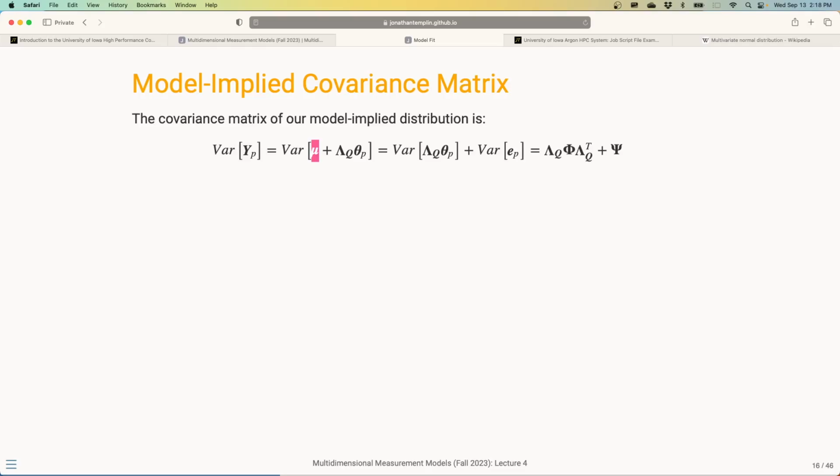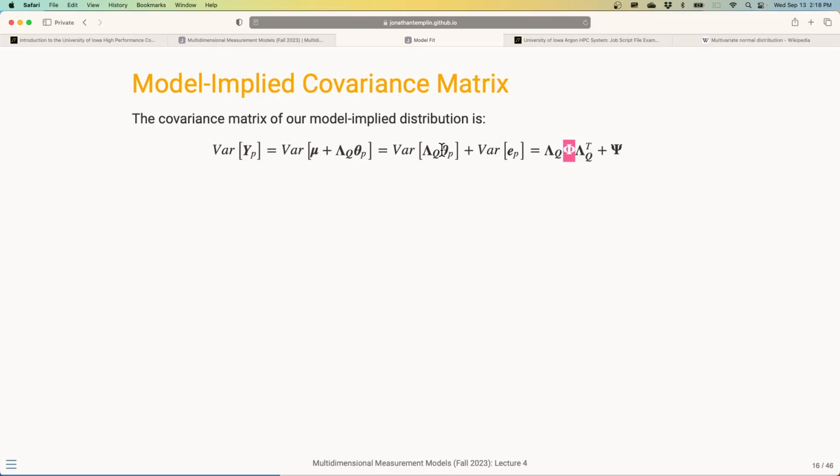So here's the fun part. This first term, theta, that lambda is technically a constant, but it's a matrix of constants. So really what happens is we have to look at the random variable first and think about its covariance matrix. And we defined it to be this letter phi, capital Phi.